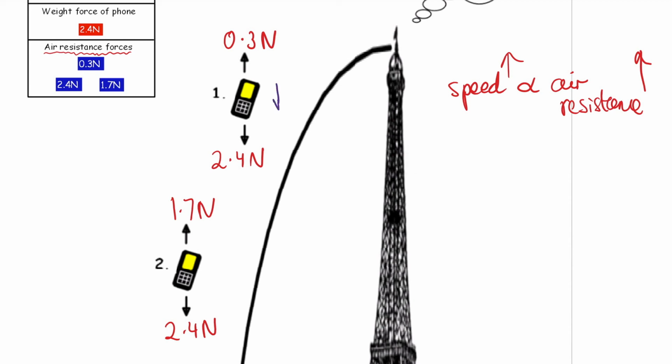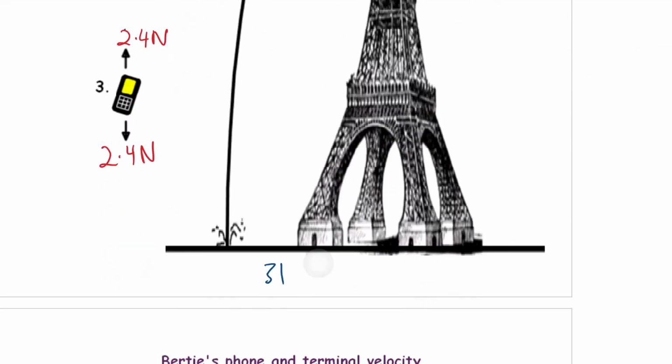It's going to be a downward force of 2.4 take away 0.3 equals 2.1 newtons acting downwards. Resultant force acting downwards, and you all know by now, using Newton's second law of motion, the object will accelerate downwards.